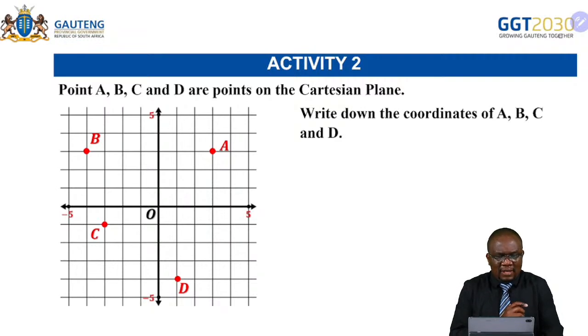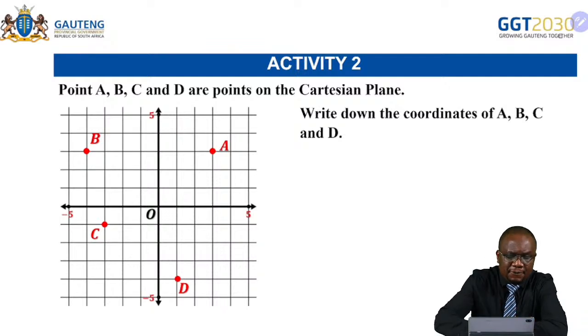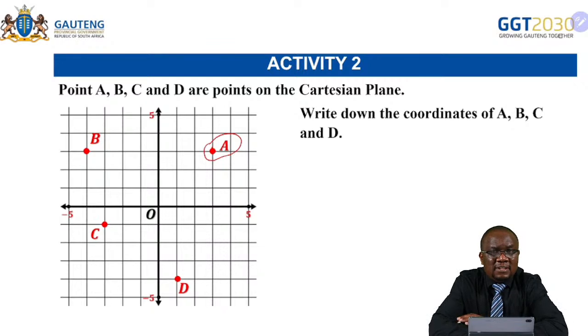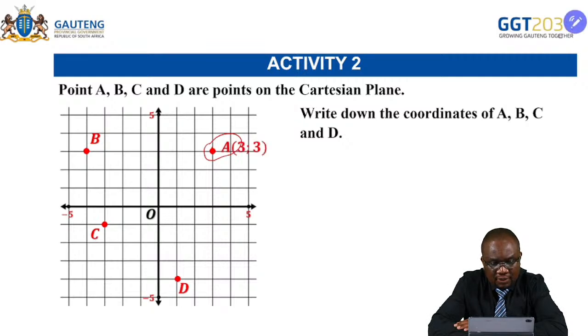Okay? Right. Let's look at the coordinates of point A here. And then after those coordinates, we discuss the signs of the coordinates. Point A, I will tell you because time is moving fast. So point A is actually x coordinate is 3, y coordinate is 3.